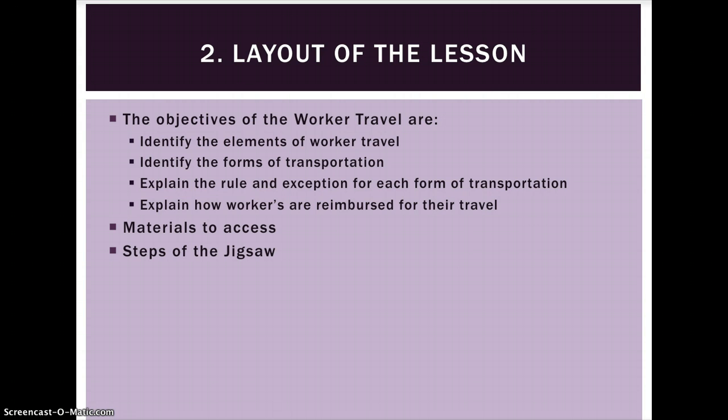In the case of worker travel, the objectives would be to identify the elements of worker travel, identify the forms of transportation, explain the rules and exceptions for each form of transportation, explain how workers are reimbursed for their travel, and the materials that they can use to help support them in identifying the information that they need for their segment would be to use the West Procedures Manual and the Worker Travel module available on the TA team site.